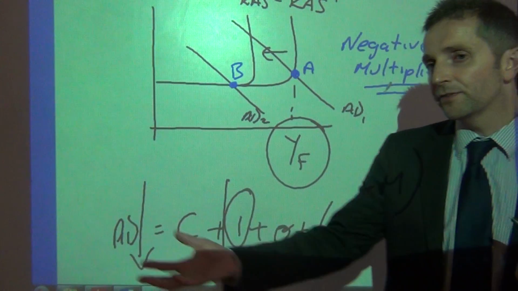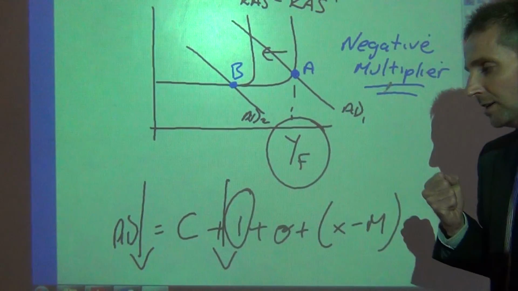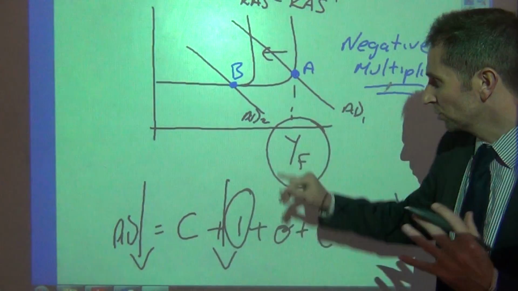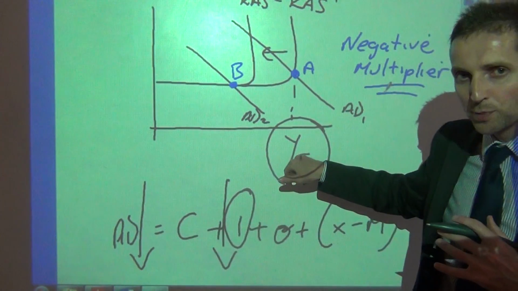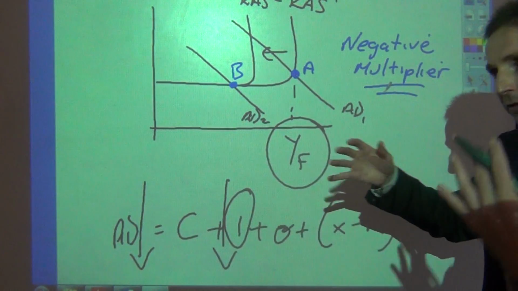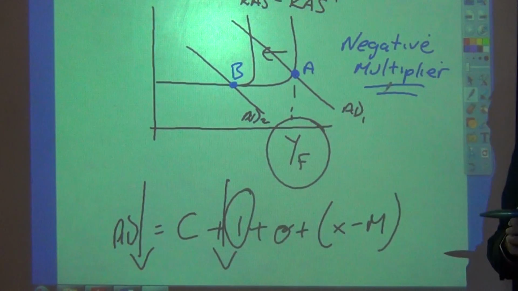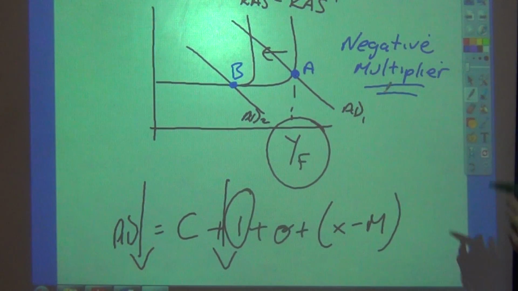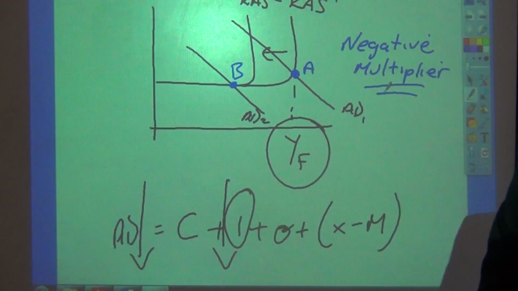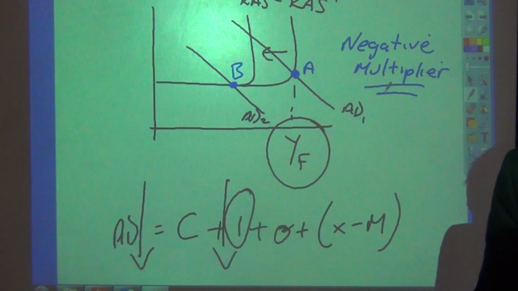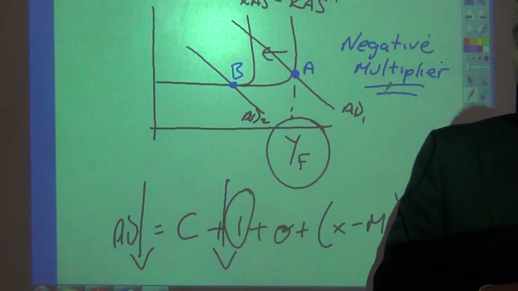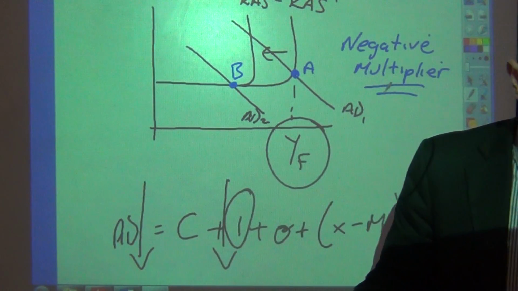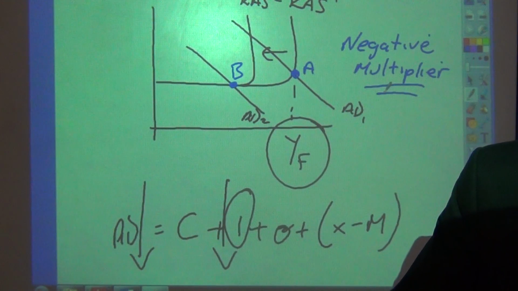So for example, if the government pulls out 10 billion from the economy, then the actual contraction in terms of real output Y might be 20 billion or 30 billion, 40 billion, depending upon the size of the negative multiplier. So don't be afraid to include all of these terms. In the exam, this is your opportunity to show off to the examiner. So show off, tell them all that you know.